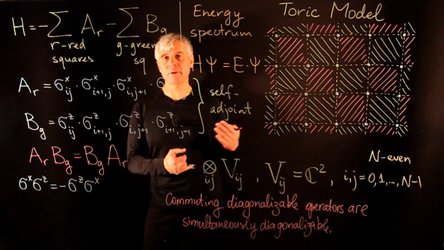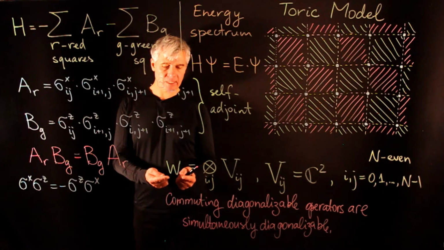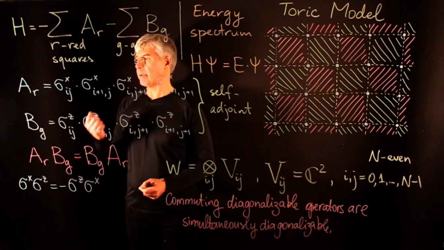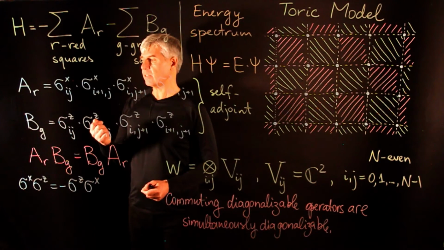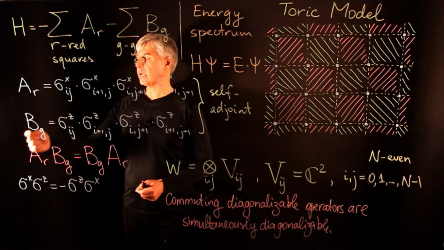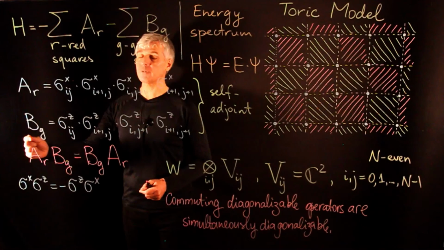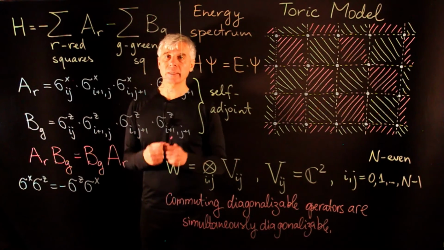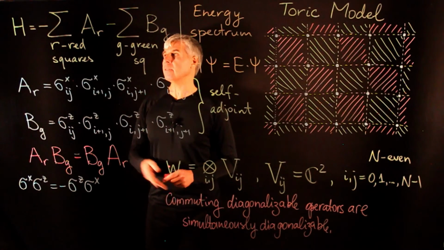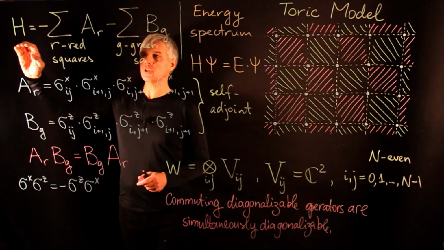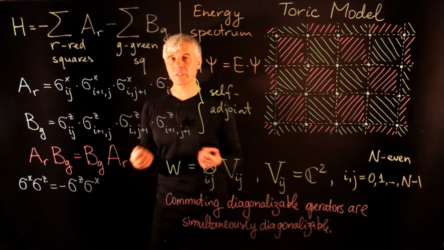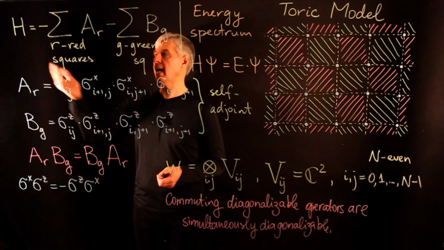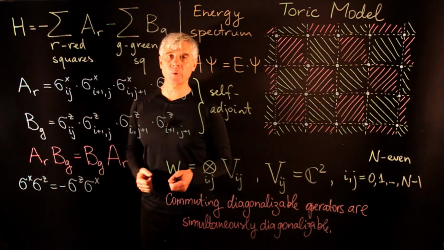So this means that we have a basis of this tensor product space W, in which every basis vector is an eigenvector for all of these operators, all of ARs and all of BGs. So these operators will be diagonalizable in this basis. And then, of course, operator H will also be diagonalizable in this basis. So this means that all the basis vectors are going to be eigenvectors for the Hamiltonian as well.